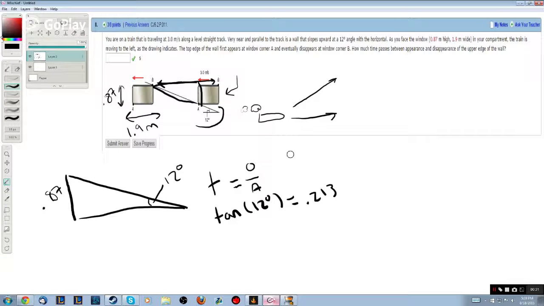And so 0.87 over A equals 0.213, because 0.87 is our opposite over here. And so in order to solve this, we get 0.87 over 0.213 equals A.